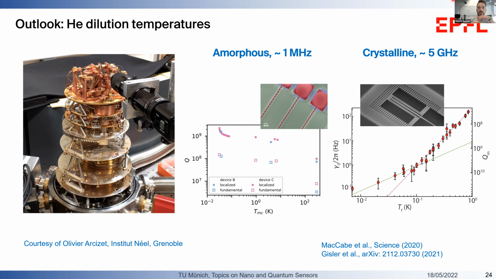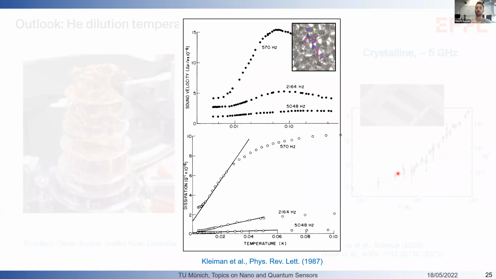And this is particularly interesting because it has been shown many times in the literature that mechanical oscillators made out of amorphous materials, such as silicon nitride, but also crystalline materials, will undergo an increase of the quality factor between liquid helium and millikelvin temperatures. But crystalline materials have a much more rapid and strong dependence on the temperature in the millikelvin regime. And this is very commonly attributed to the presence of two-level systems.